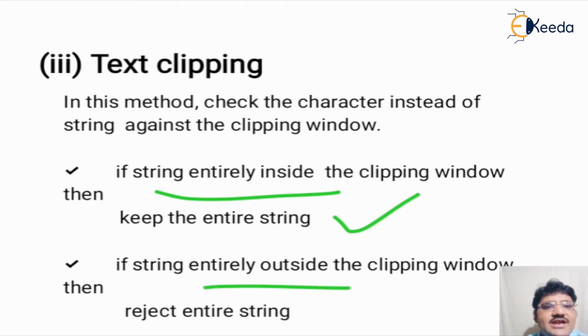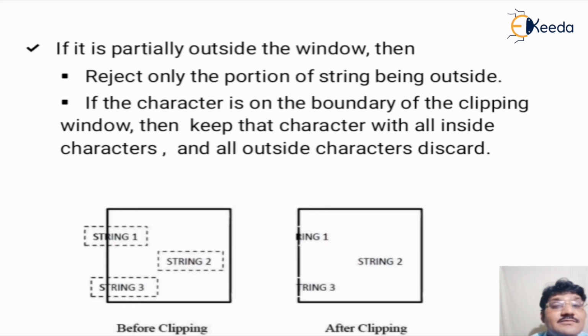If it is entirely outside, the entire string will be discarded or rejected. But if it is partially outside the window, we reject only the portion of the string that is outside.